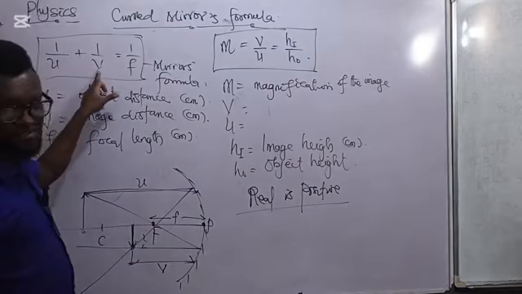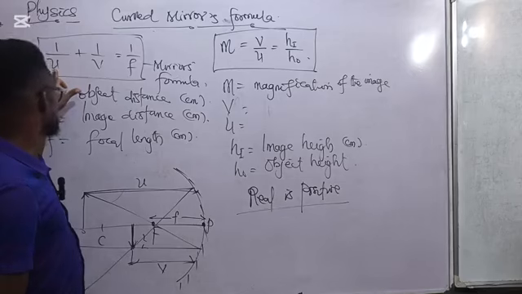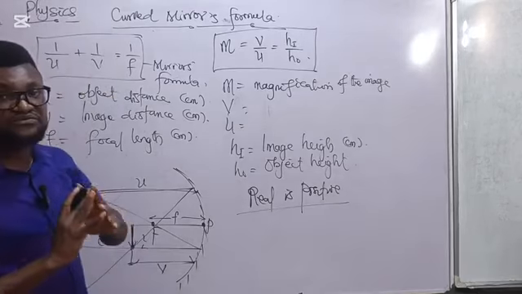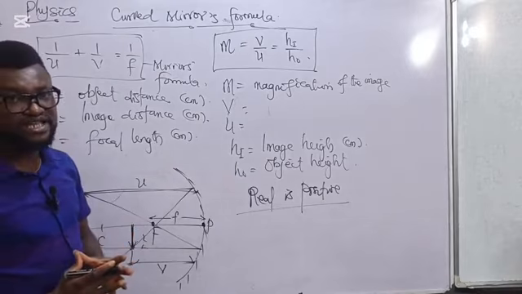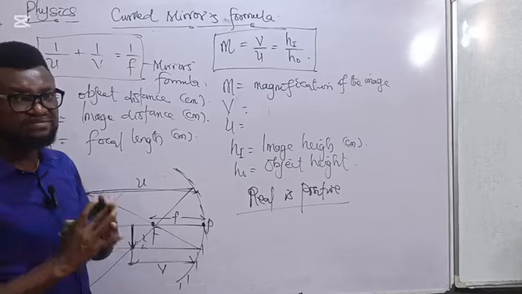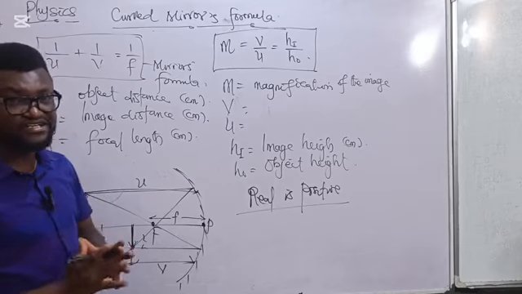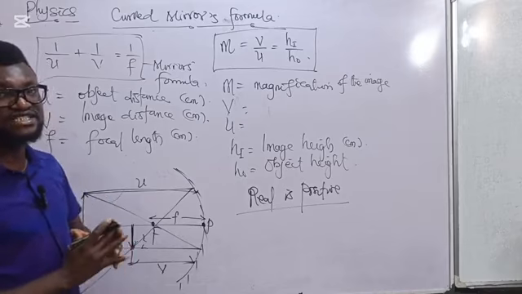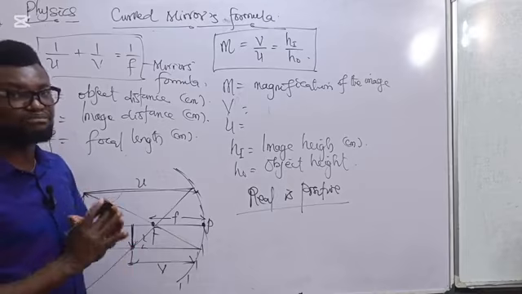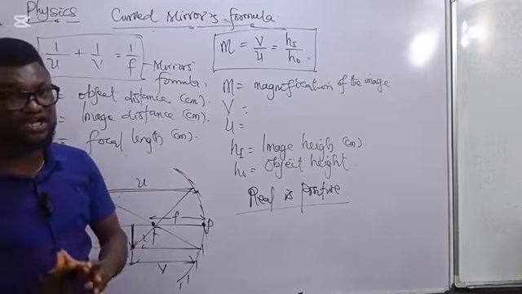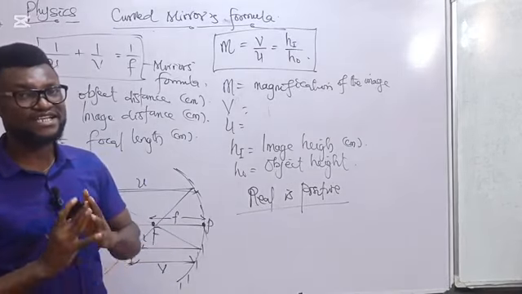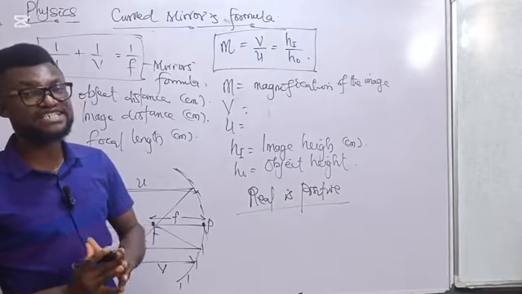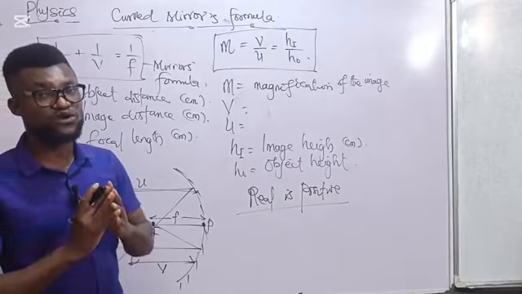For u and v, the object distance or image distance, if the image or the object is real, you assign the numerical value positive. But if it is virtual, you assign it negative. Anything that is real, you assign it positive. Anything that is virtual, you assign it negative.